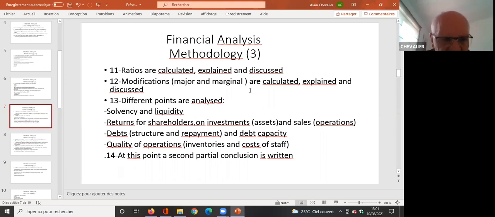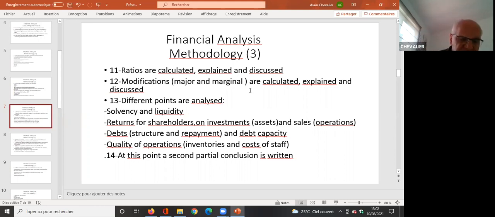But we need to have at least a basic opinion on inventories and the cost of staff. Inventories are in some economic sectors a large part of the balance sheet. And when you reduce the level of inventories, you reduce the cost to finance them, and you increase the possibility to use these financial resources for other purposes, investments, for example.